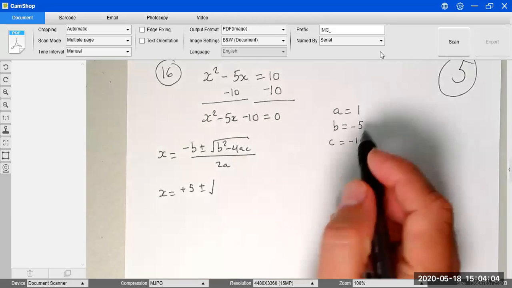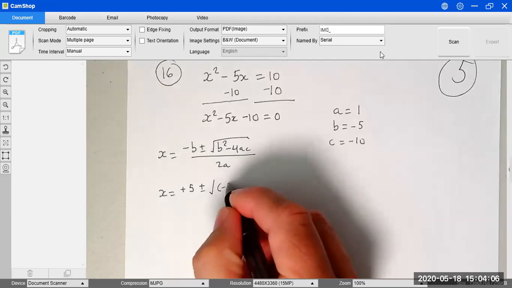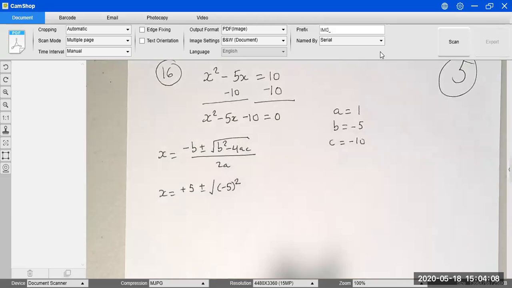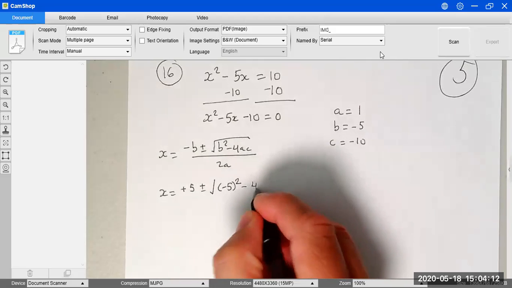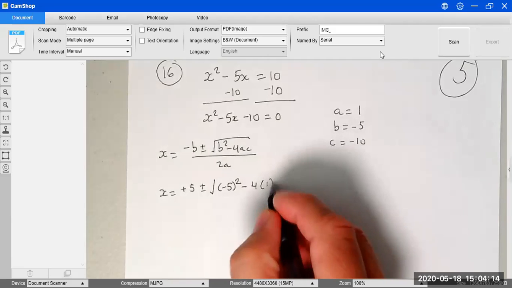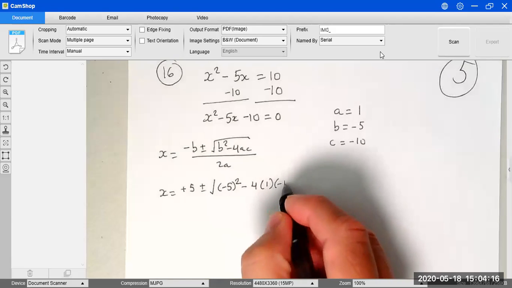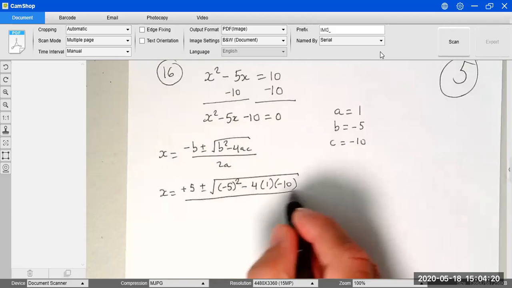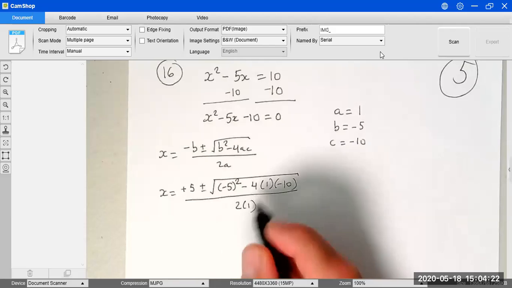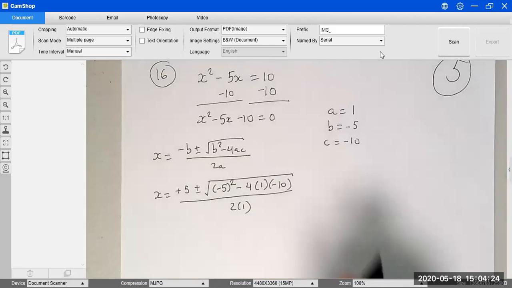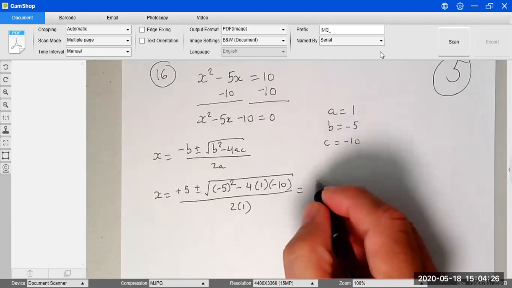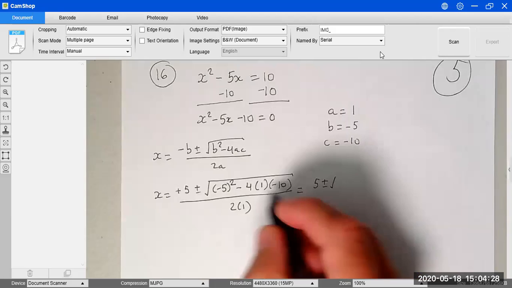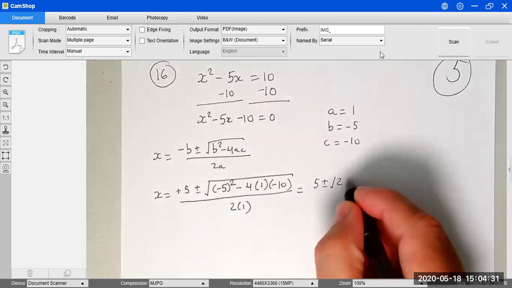Now b squared, b is a negative number, so I'm going to use parentheses to prevent mistakes. So I'm squaring -5, minus 4 times a, which is 1, and c, which is -10, then over 2 times a, which is 2 times 1. Then we're going to work on the radical. So we have 5 plus minus, -5 squared is going to be 25.